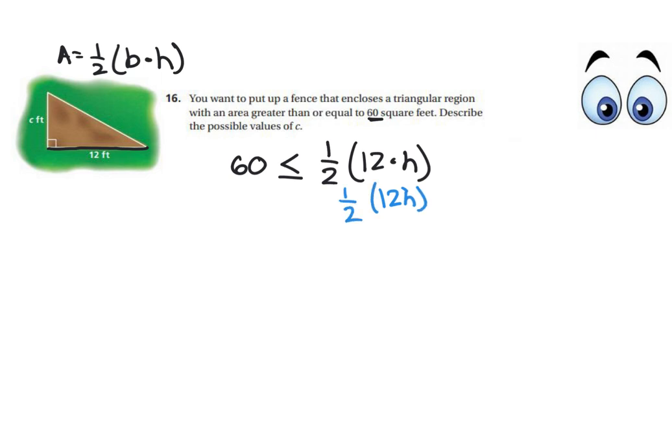Half of 12h is 6h. And again, we need that 6h to be greater than or equal to 60. So we're going to divide both sides by 6. 6 over 6 cancels, leaving you with h. H has to be greater than or equal to 10.